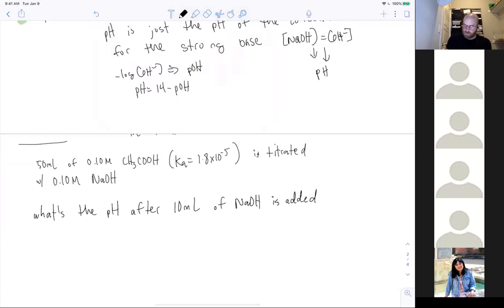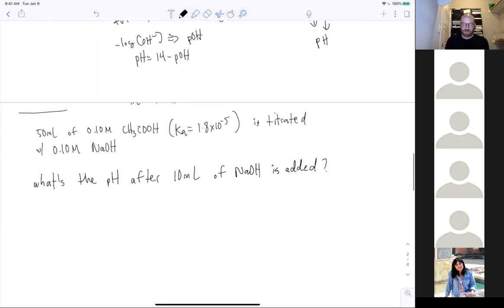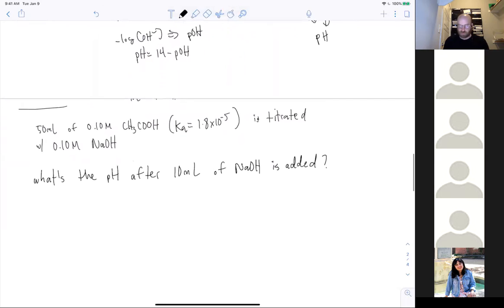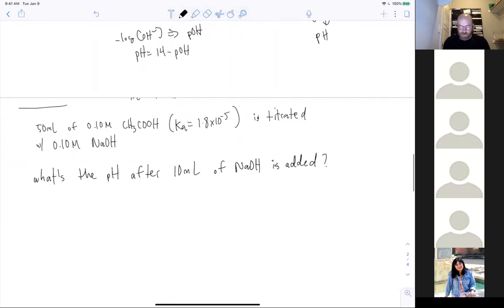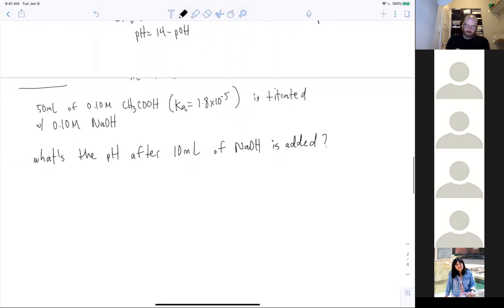How do you know where you are in the pH curve is the general question here. Since you have a problem solving strategy for different parts of it, you need to know where you are on it. And you don't necessarily need the pH curve to figure that out.